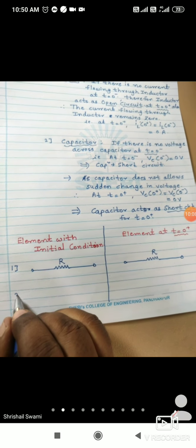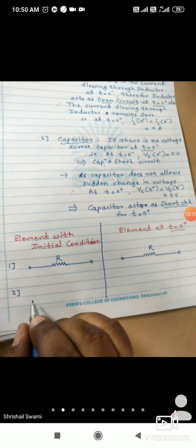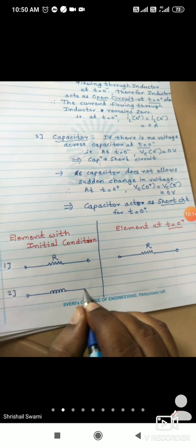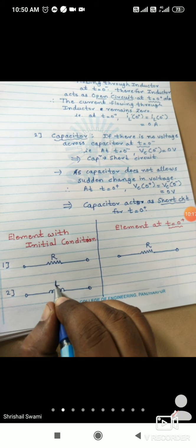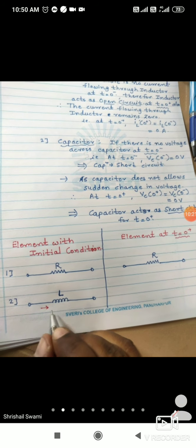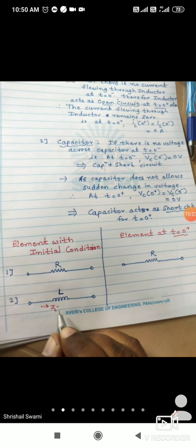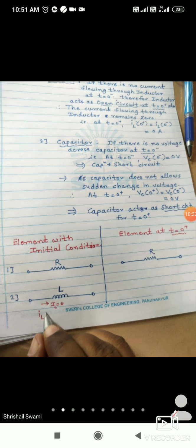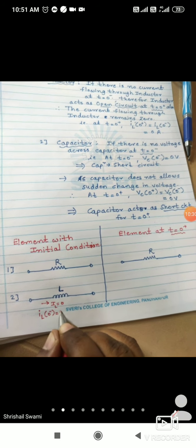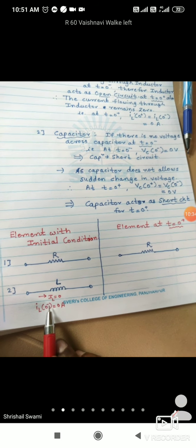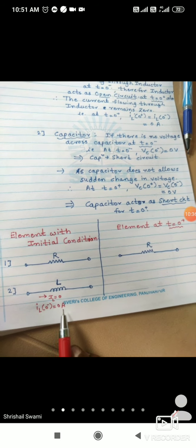Okay. Now next second element, that will be the inductor. The initial current if it is 0, IL of 0 minus is equal to 0 ampere. Initial current at t is equal to 0 minus in the inductor is 0 ampere. So what will be the changes in the diagram?